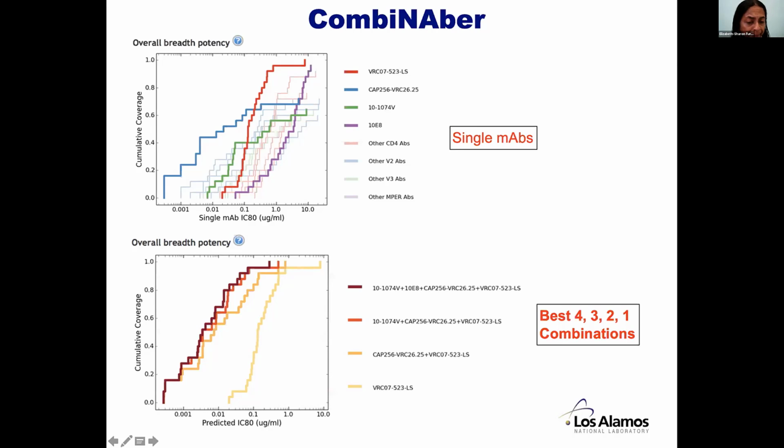But what would happen if we were to use mixtures of antibodies? That is the result you can see here, where if you were to use 4 different antibodies on this really dark maroon line, you get a very potent combination, and it's also got great breadth. But on the other hand, if you were to use three of them, not 10E8, you get pretty much the same results. So really, maybe 3 would do the job.